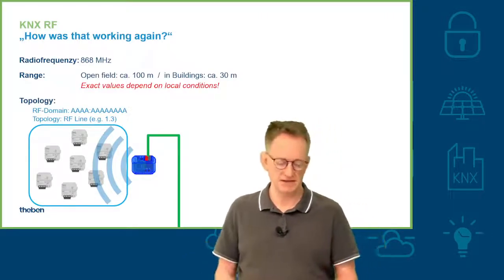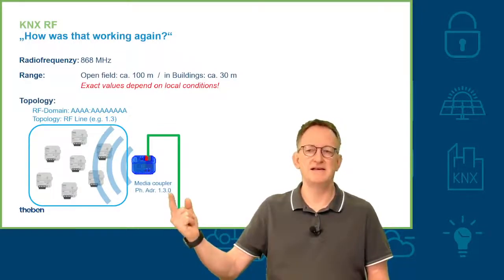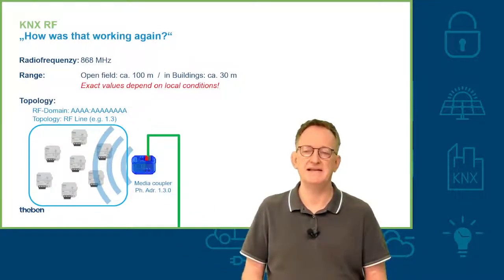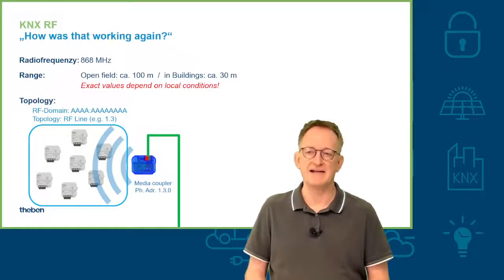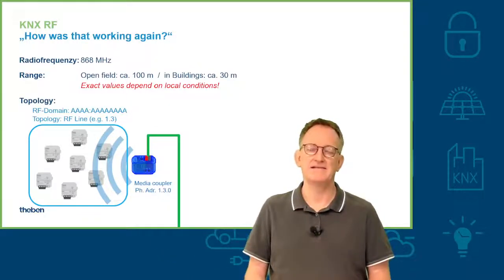The media coupler itself has also a physical address, and as you can see, it has a 0 in the end, so it's acting as a normal line coupler. And the RF line has also its own line ID.